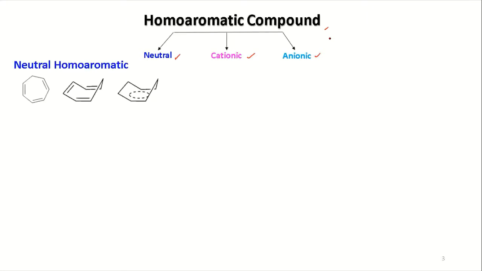Just look at the neutral homoaromatic compound. You have this molecule, cycloheptatriene. Here, you have an sp3 center.